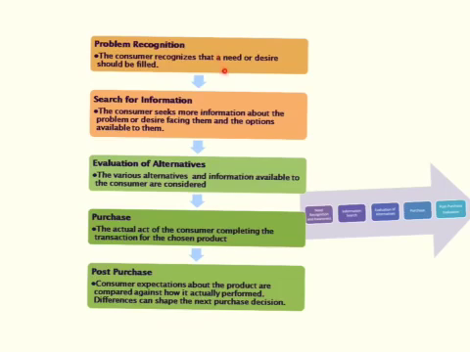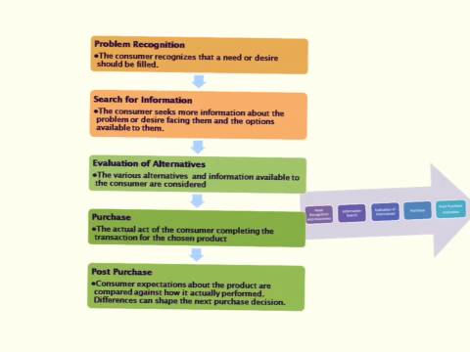After that, will they search for more information? From this example, they said that the consumer seeks more information about the problem or desire facing them and the options available to them.